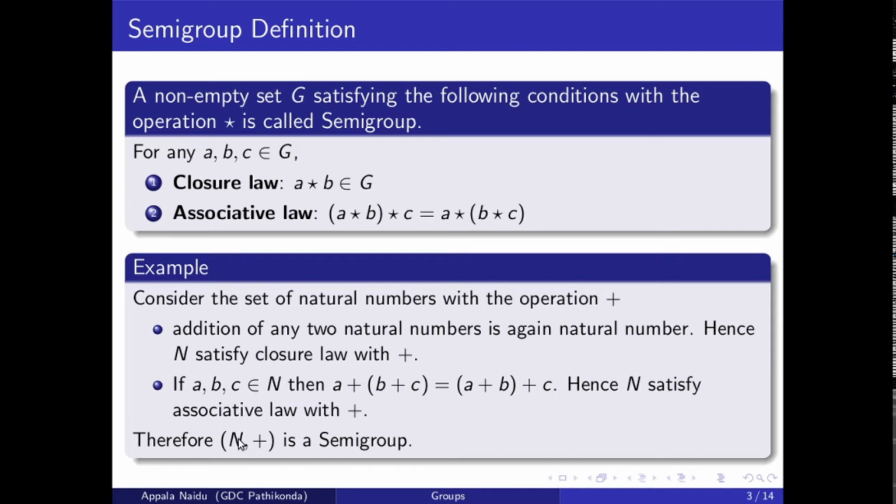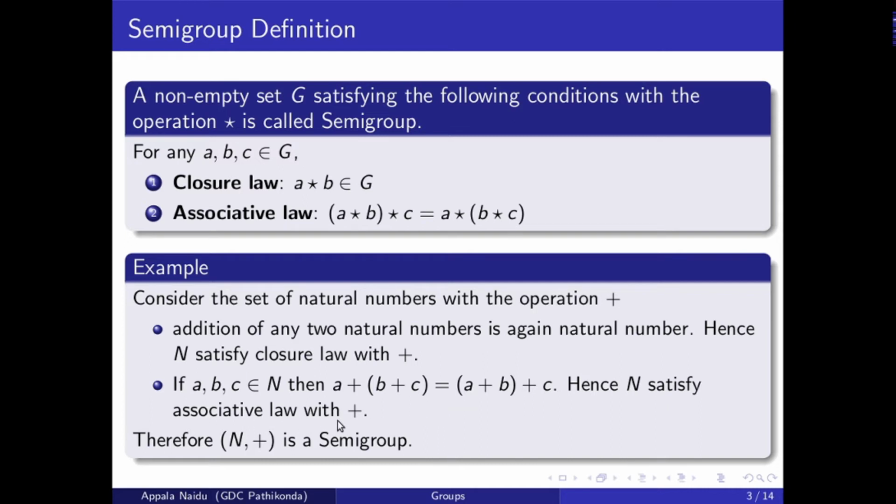That is satisfied in natural numbers. Here we have to understand that the meaning of this associative law with addition is that first you add b and c, and the result, when you add to a, the whole answer has to be the same as if you first add a and b, and then add the result to c. So with addition this happens for any set.